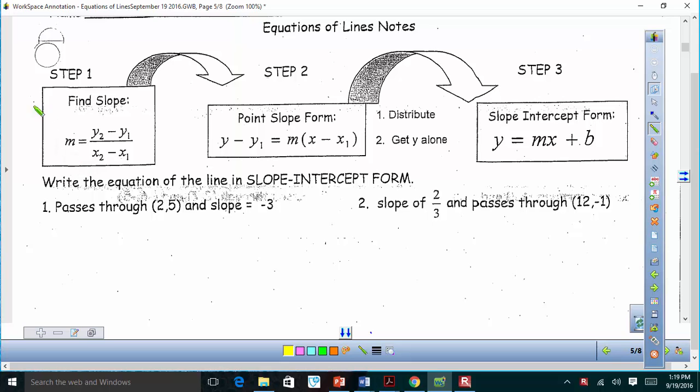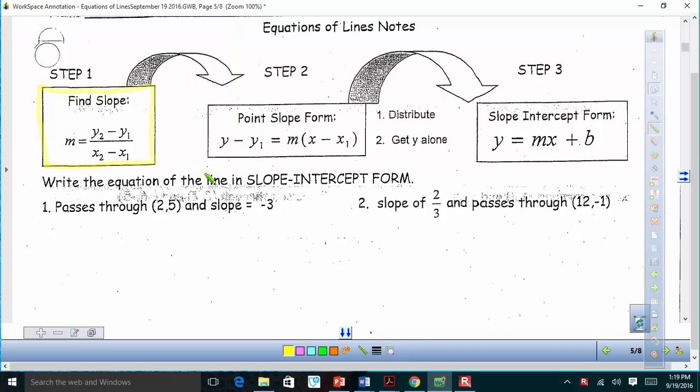The first step we must do is that we have to find the slope. Now, we only have to find the slope if it's not given. But if it's not given, we will have to find it. You do have to know this formula, so go ahead and highlight it or circle it.